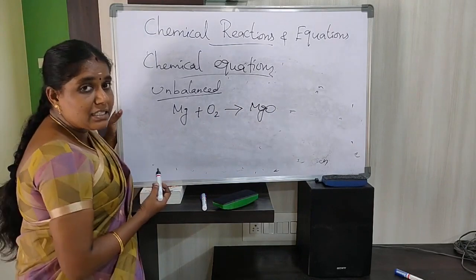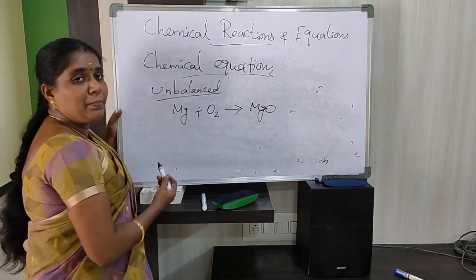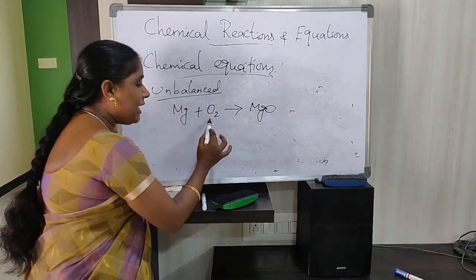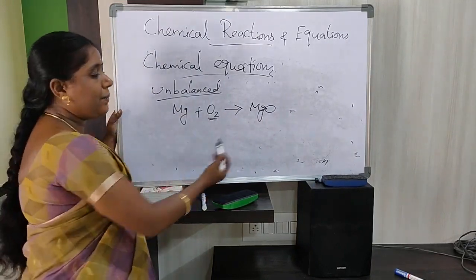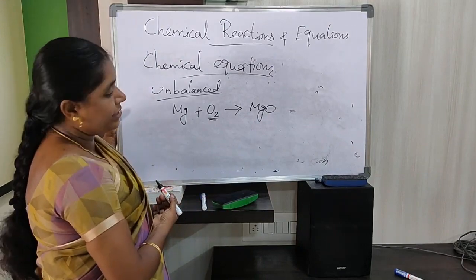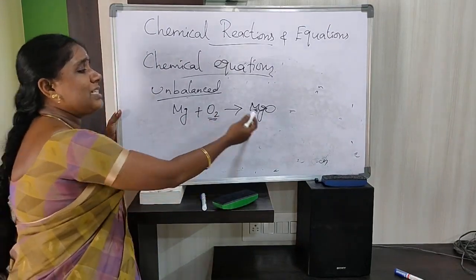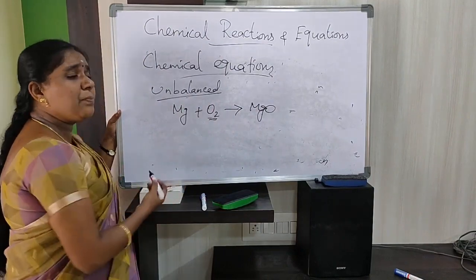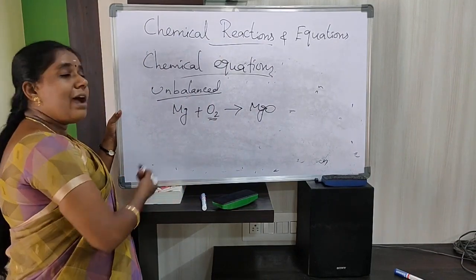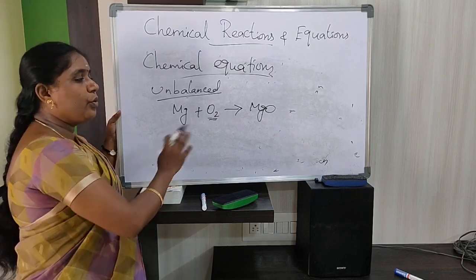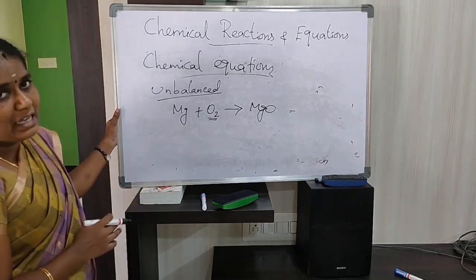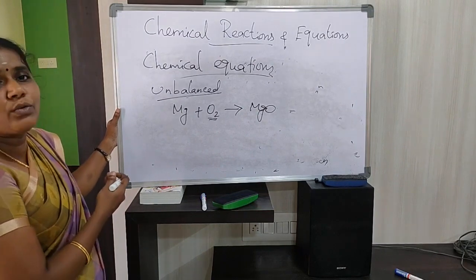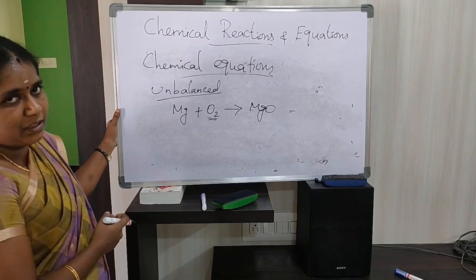See here, in this reaction, we have one magnesium on the left side, one magnesium on the right side, as well as two oxygen on the left side, but one oxygen on the right side. So this oxygen is not balanced, not equal on both sides. This type of reaction is called an unbalanced equation. That means on both sides the number of atoms is not equal. So how will you make this equation balanced? By using a method like the hit and trial method.